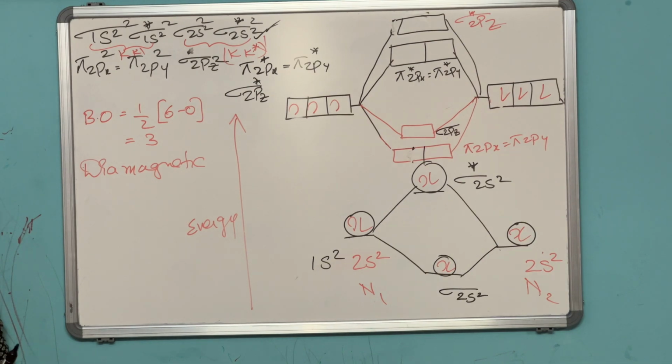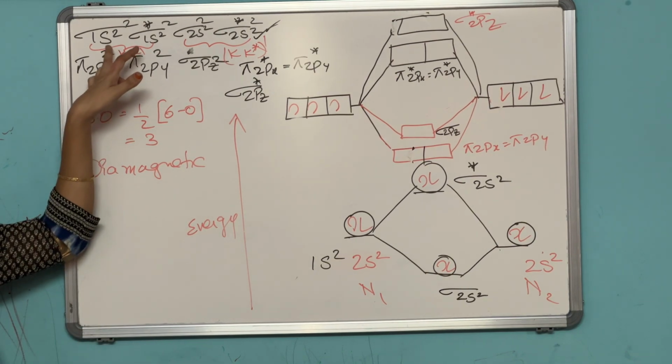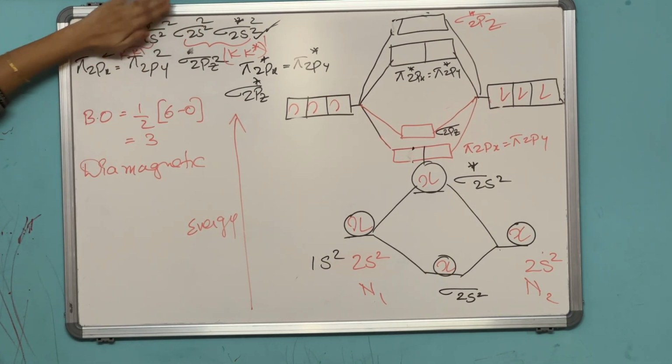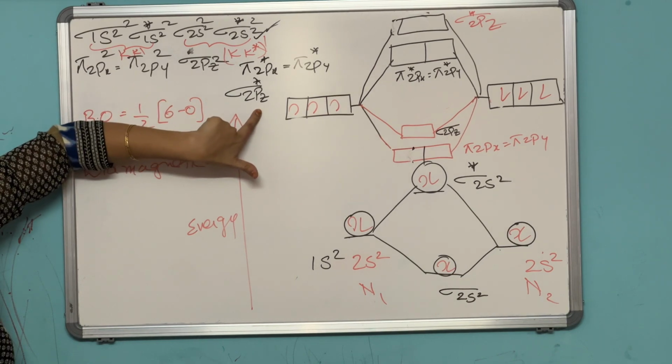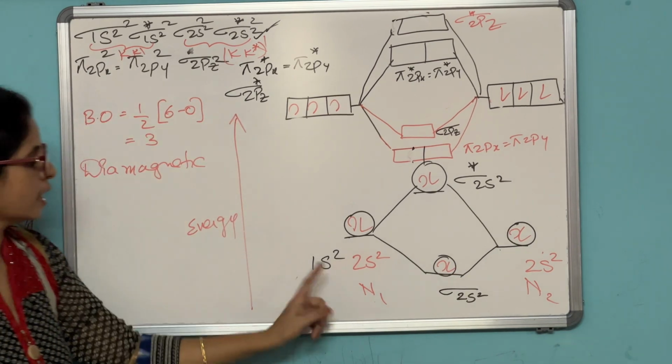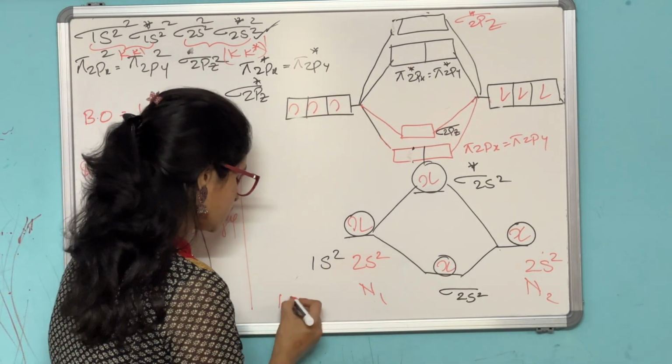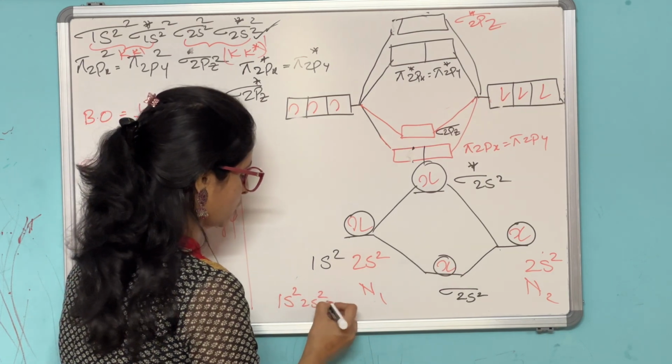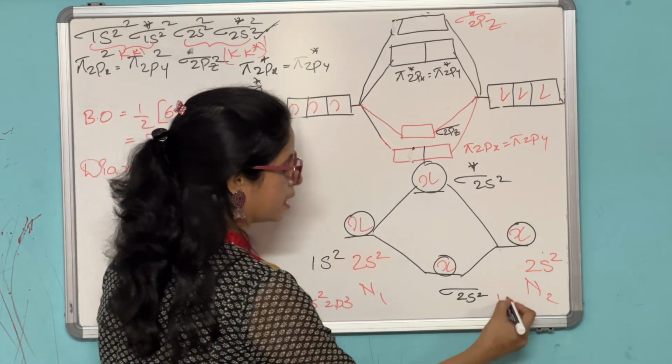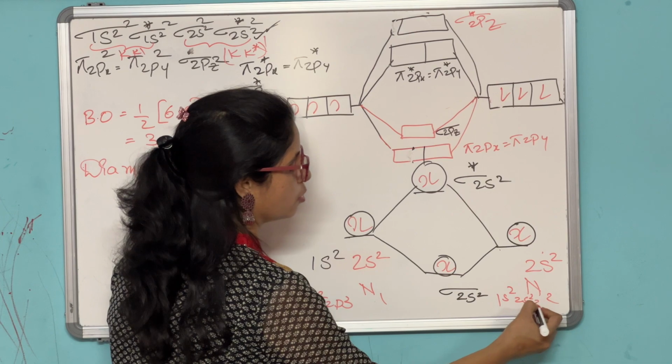So if you look at the energy level diagram, here I have omitted 1s2, the K shell, and next I have written the complete electronic configuration. So what is the electronic configuration of nitrogen? 1s2, 2s2, 2p3. Similarly 1s2, 2s2, 2p3.